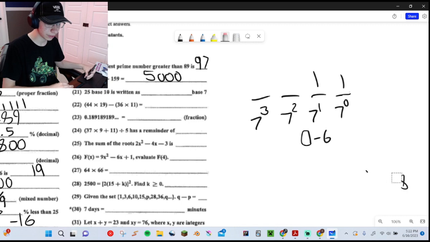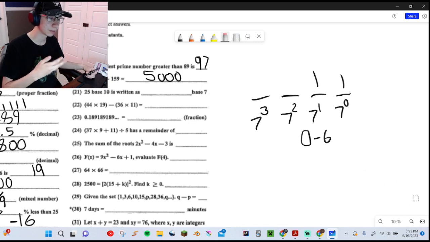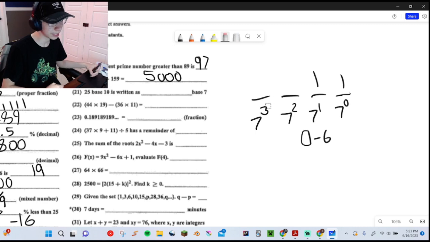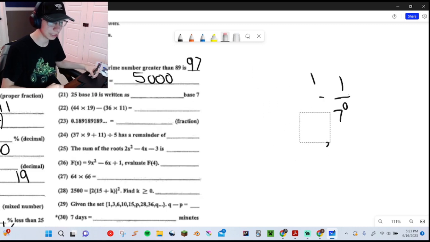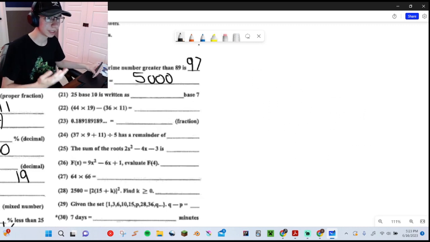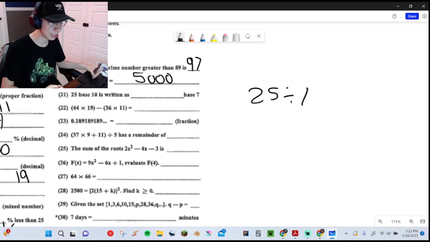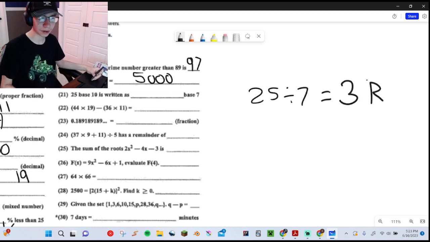And so how would I go about transforming a number from base 10 to base 7? Well, the trick is to divide. Let me show you what I mean. So I do 25 divided by 7. That gives me 3 with a remainder, which I'm symbolizing by this R right here. 3 with a remainder of 4.